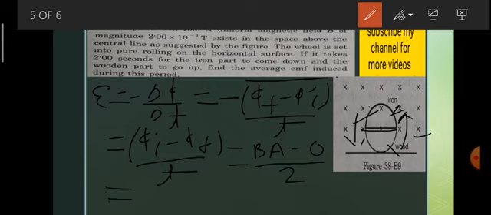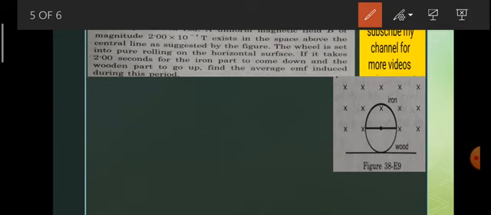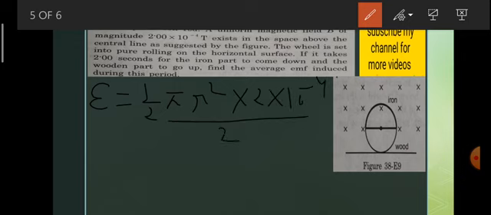Now here, value of magnetic field is 2 into 10 raised to power minus 4 Tesla, and area of half circle is 1 by 2 pi r square, and time is 2 seconds. So we can write EMF induced is 1 by 2 pi r square, and B is 2 into 10 raised to power minus 4, and time is 2. Okay, so this 2 and this 2 cancel, and we have pi, and radius is 10 centimeter.